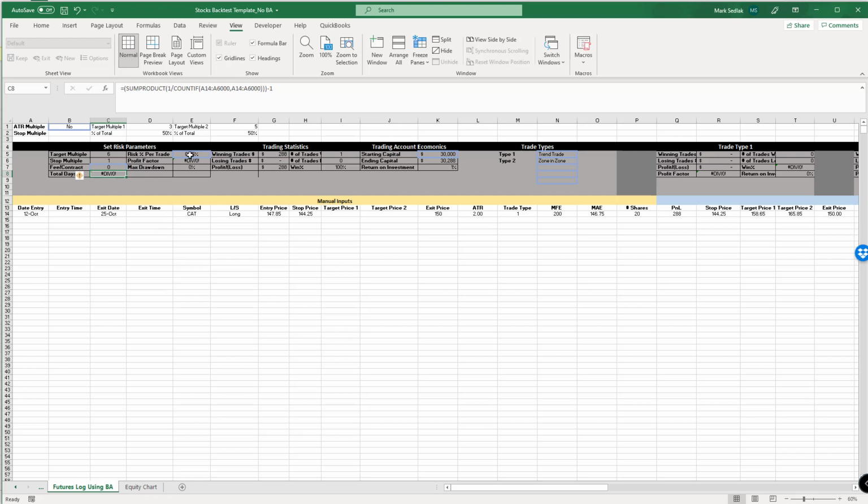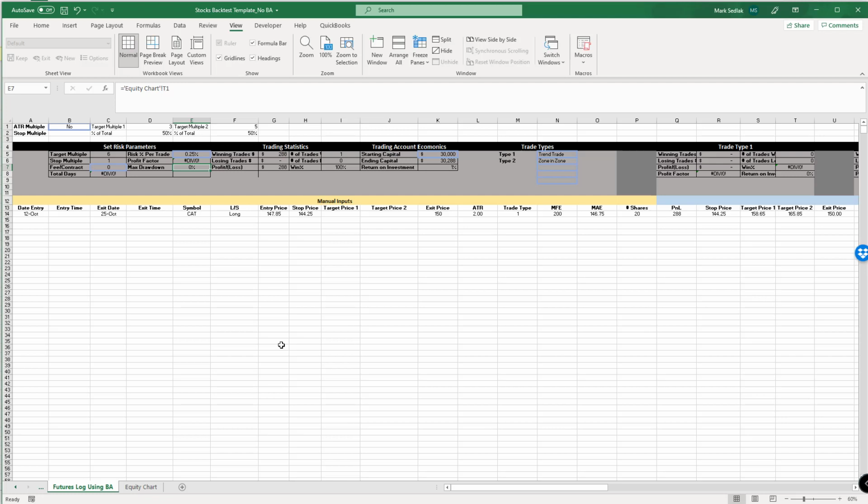The risk per trade, we've covered that. Profit factor, we've covered that, but again, that's just going to tell us on average how much bigger are our winners than our losers. Max drawdown, so that's going to tell us from the highest level of capital in our account to the lowest level of capital in our account, what was that drawdown in percentage terms.